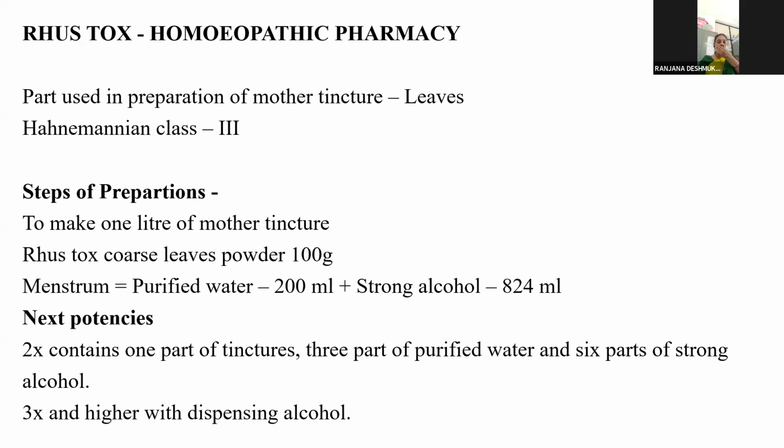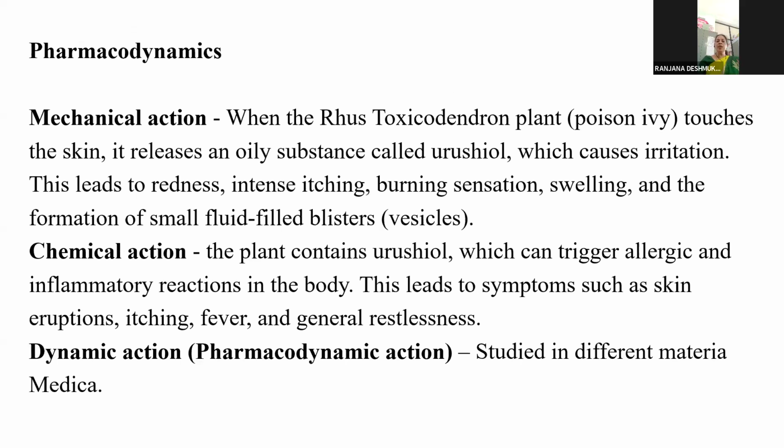Next slide. Like this, we have seen the different actions, and if we see the pharmacodynamics of Rhus Tox, it has different actions, that is mechanical action, chemical action, and dynamic action. Each drug has its chemical affinity. The chemical constituent present in Rhus Tox is eucerol.